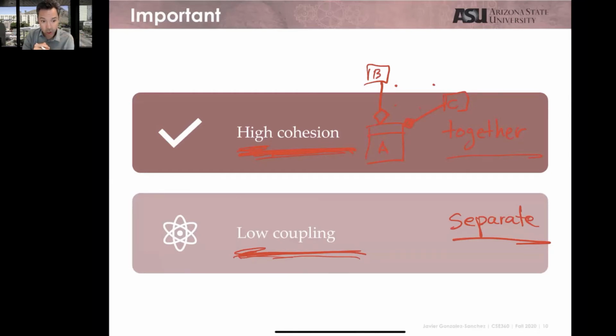The other one, low coupling. If you have decided that these two things are different things, something that you want is, if you need to connect them, to have the opportunity to separate them easily. Low coupling.